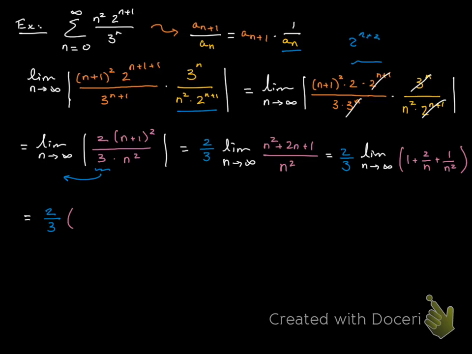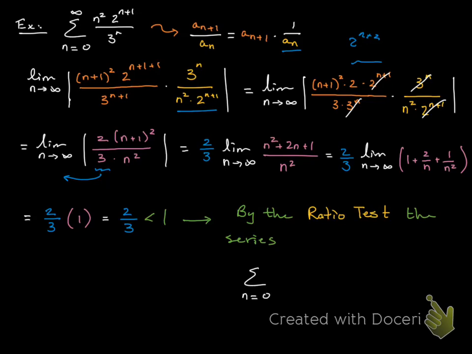And as n goes to infinity, the only thing I have left there is a 1. So this whole limit, the ratio test, gives me a 2/3 times a 1. And 2/3 is definitely less than 1. So this series converges absolutely by the ratio test.